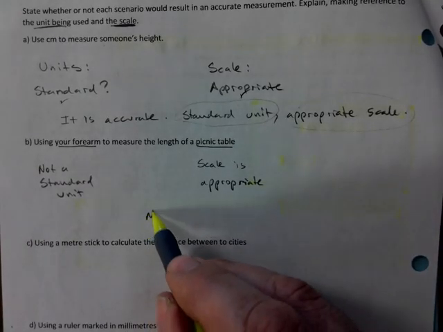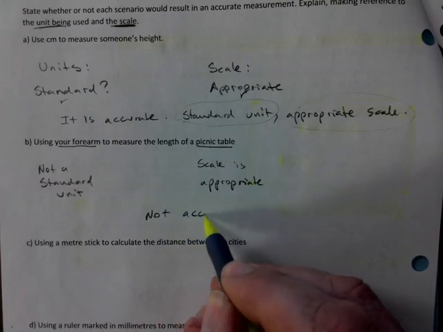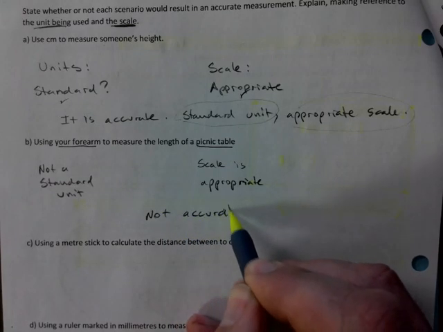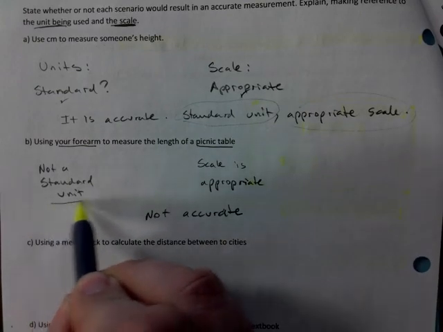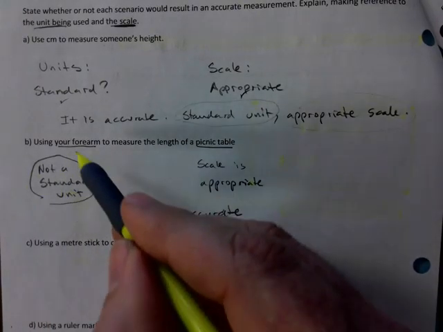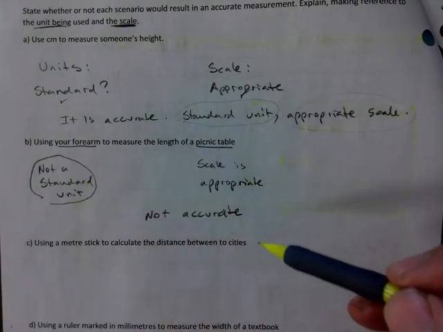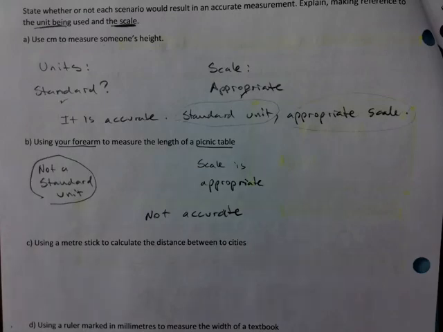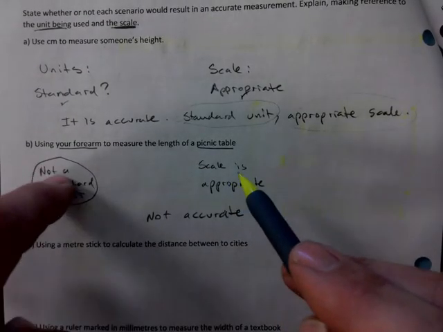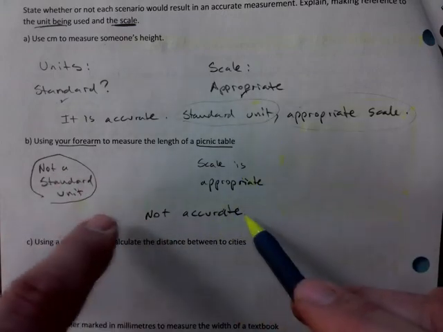But not accurate. You know what? If you just went straight ahead and said, "Hey, this is not accurate because the unit is not standard," that would have been just fine. So you don't have to talk about both every single time. Just tell me why it isn't accurate.